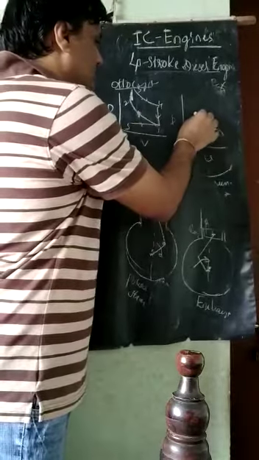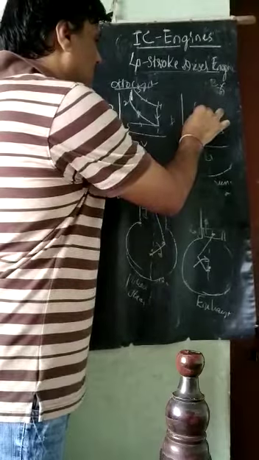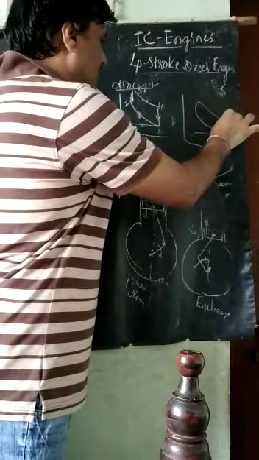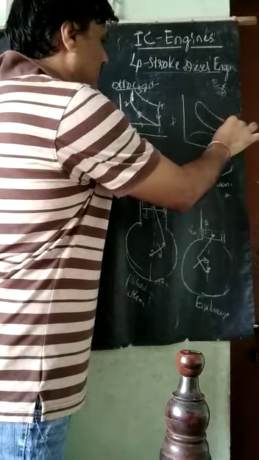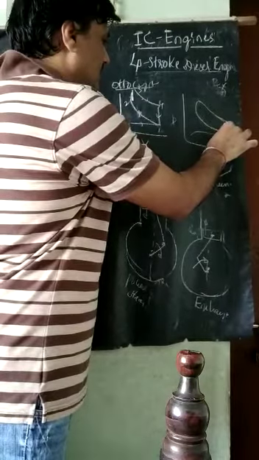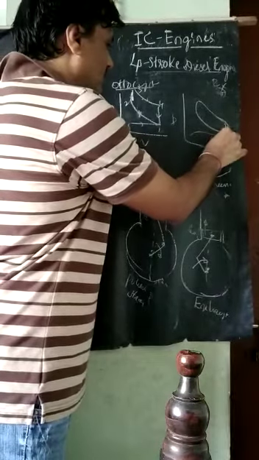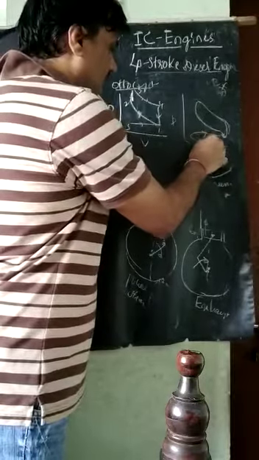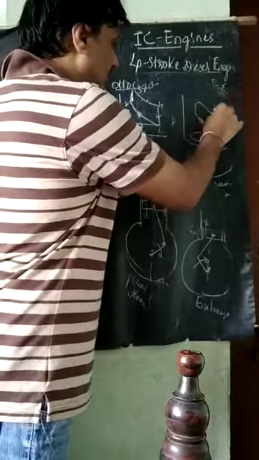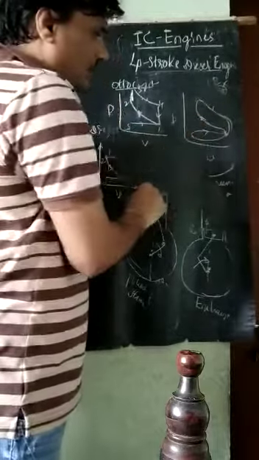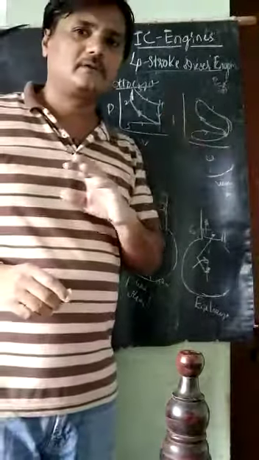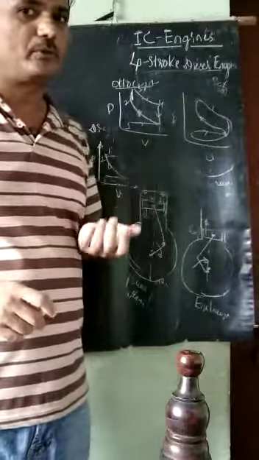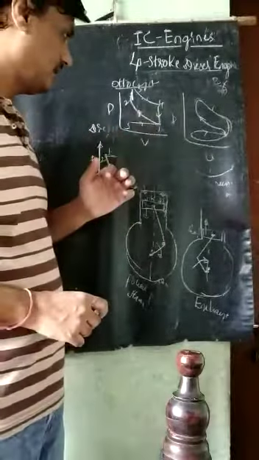So this compression stroke, and that constant volume process, and then the expansion process here now, and the next one is a constant volume process once again, and it will come back here. So this is the real cycle, not sharp edges here now, because sudden opening, sudden closing is not possible here now. This is the real cycle here now.